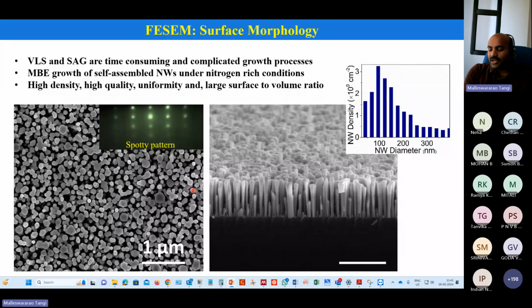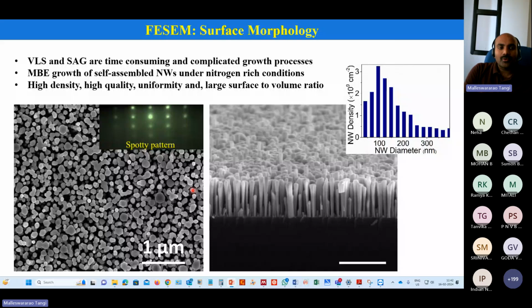Actually, there are some other methods using vapor-liquid-solid phase epitaxy or selective area epitaxy, but it consumes a lot of effort. You have to make a template having some holes in the substrate. They will help to nucleate material in the form of islands initially, and then they help to grow nanowires.